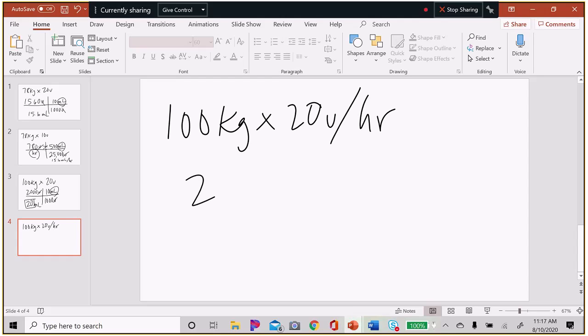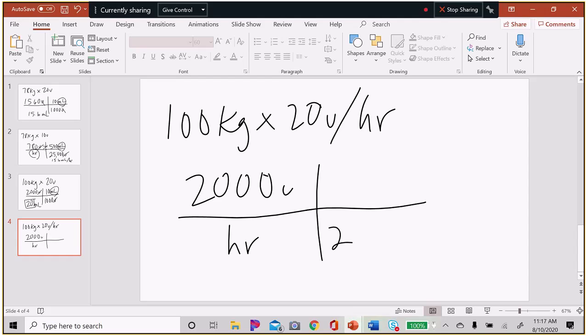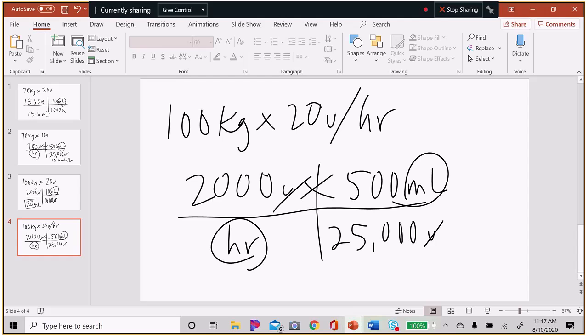So we're 2,000 units an hour. And that infusion bag is 25,000 units in 500 milliliters. So 2,000 times 500 equals 1,000,000, divided by 25,000 equals 40 milliliters an hour.